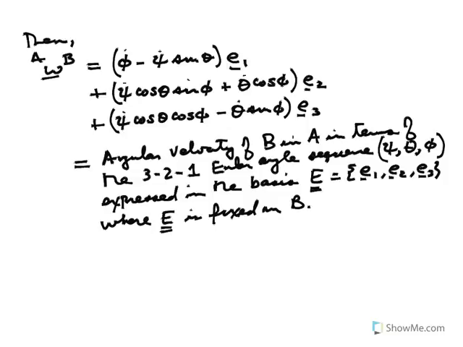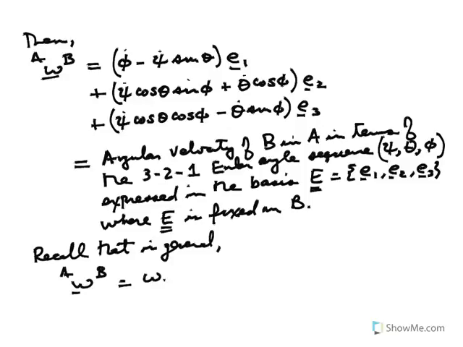So recall that in general, omega BA is equal to omega 1 E1 plus omega 2 E2 plus omega 3 E3.